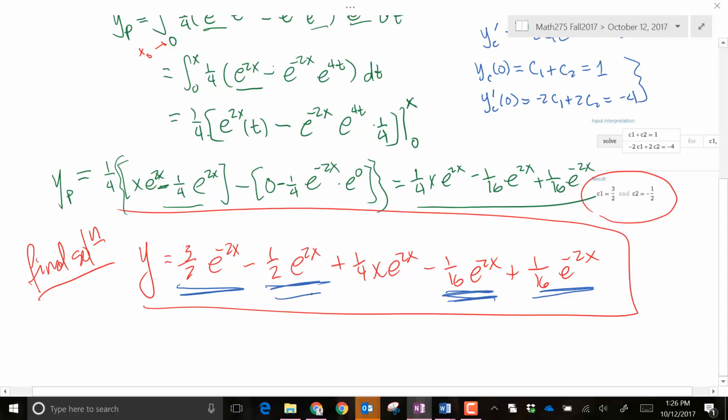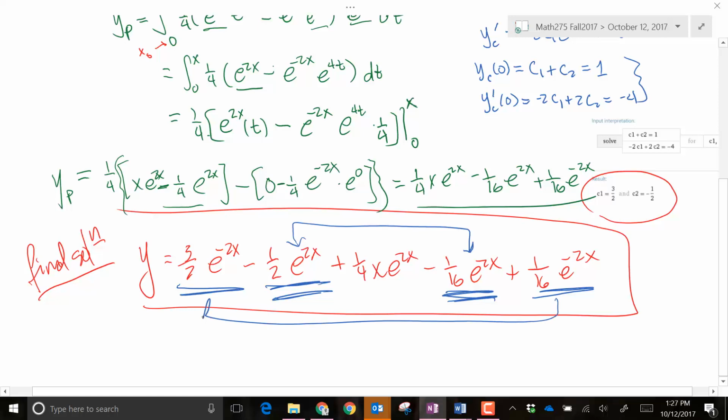And Erica, I don't know if this is related to the question that you had about putting in the y sub p and then solving for it, but I think you can combine those constants if you do it the way you're thinking about doing it, and I think it'll work out to be the same. So we can combine these coefficients. I had a double underline, so these two are double underlined. So you can combine them, and you can combine these two because they have an e to the negative 2x.